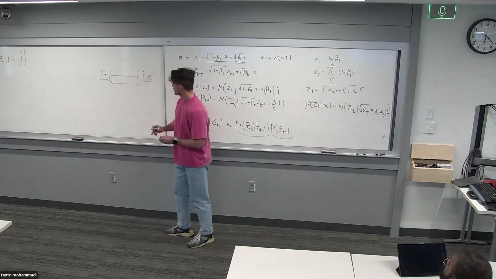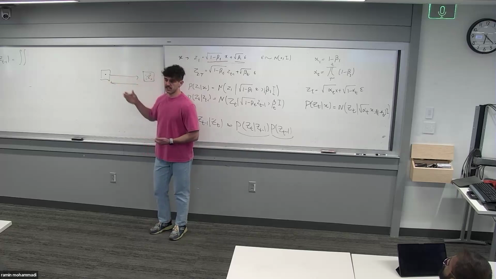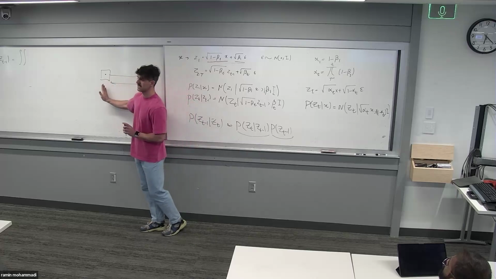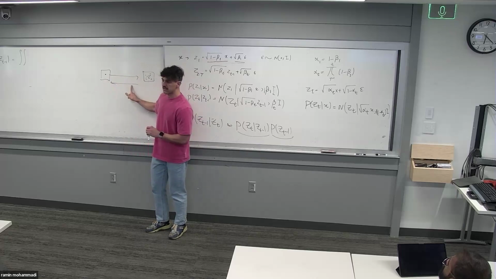So the process is stochastic in general. When you go from time t to t minus 1 and repeat it again, you get a different result because it's stochastic.